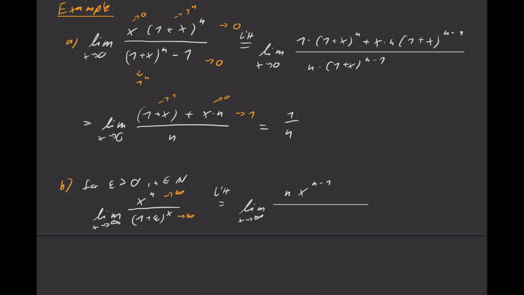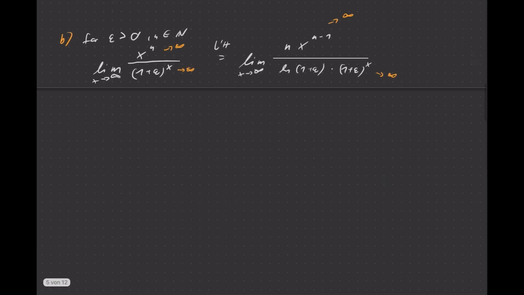The derivative of that is always ln of the base, which is 1 plus epsilon here, times that expression as it was, so (1 plus epsilon) to the power of x. So you can see that again, we have infinity over infinity here. And again, we have differentiable functions. So let's try to apply L'Hopital's rule once more.